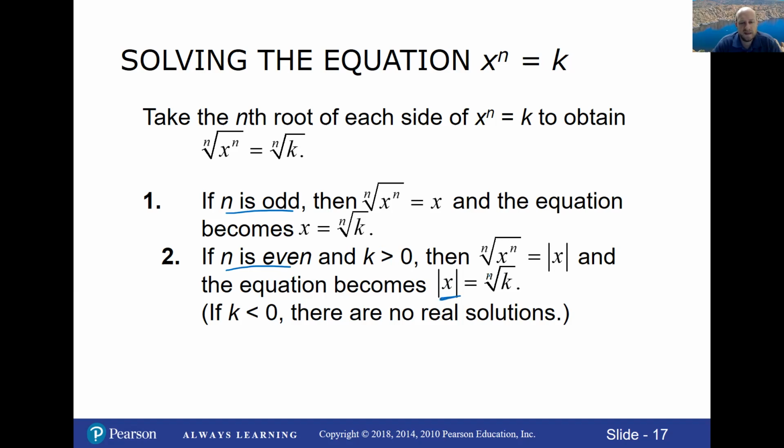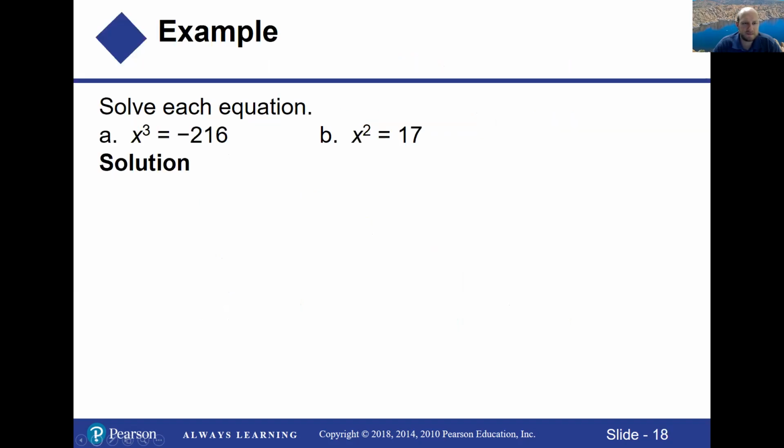So I'll show you that. And we had talked about that earlier too in the chapter when we had our absolute values and other things like that. But just note, you have to pay attention. Is the power of the root odd, or is the power of the root even? So I have two examples here.